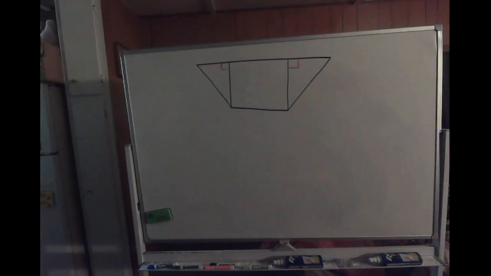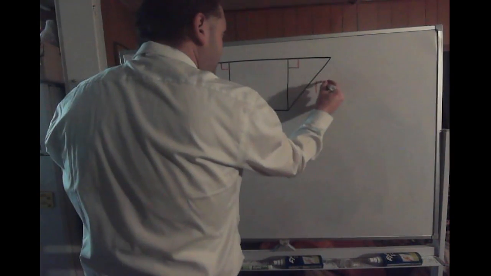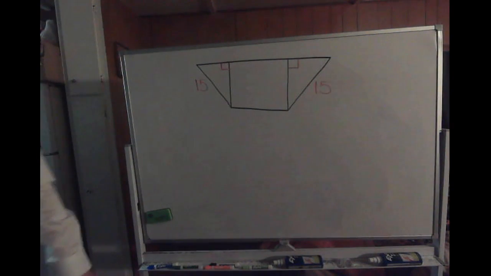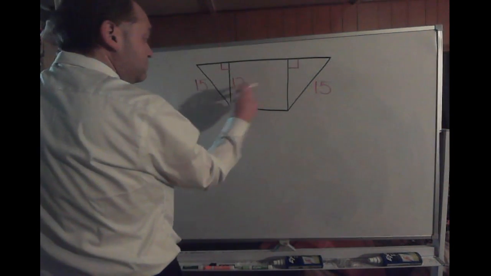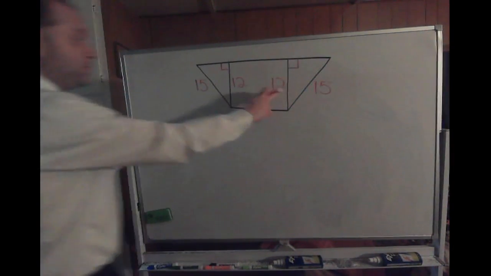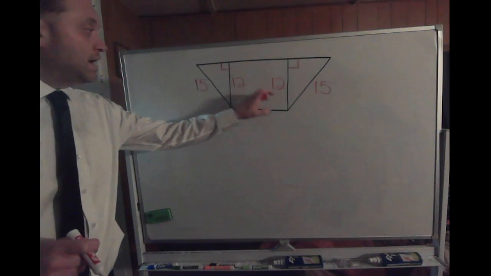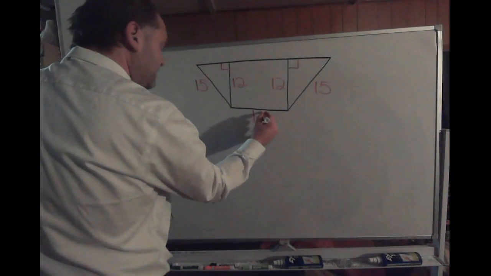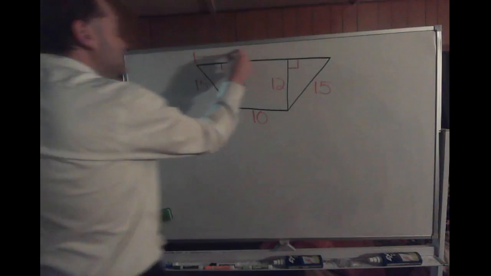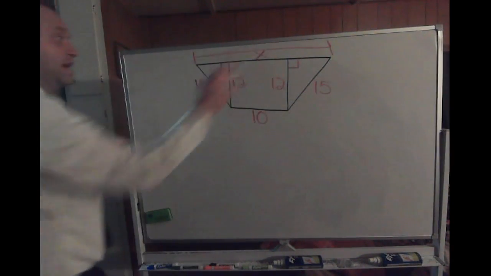What do they give us for lengths? Both of the hypotenuses have the same length, which is good. That's one thing working in its favor. One set of legs also has the same length. This base here has a length of 10. Now this base here, the whole length of that base, is x.